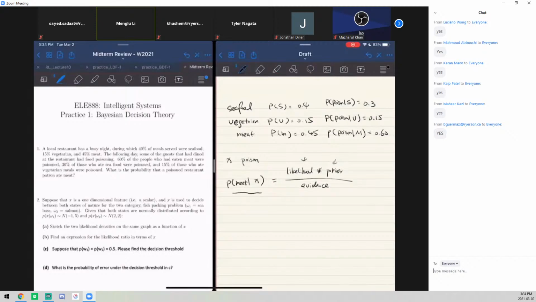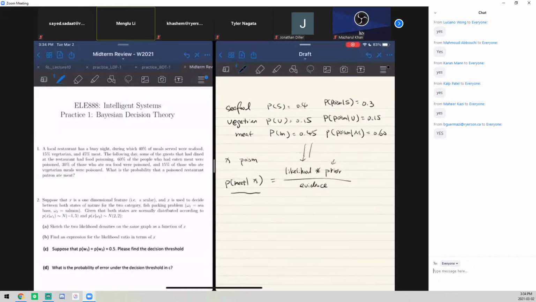So we just plug the numbers into this formula. The only thing we want to get is the evidence. Evidence is the total probability of getting poison.